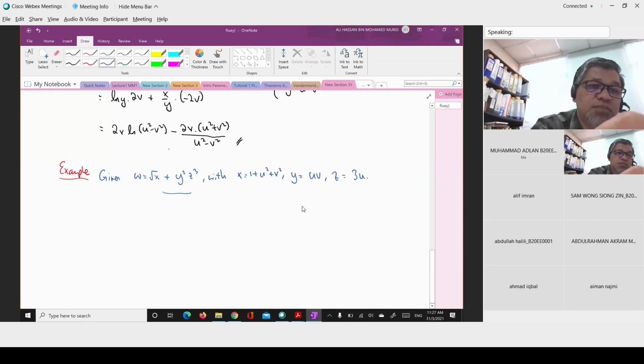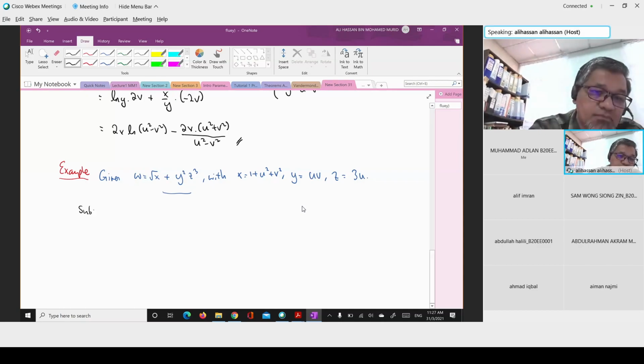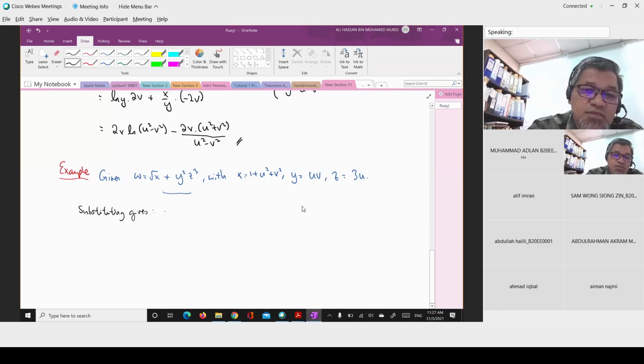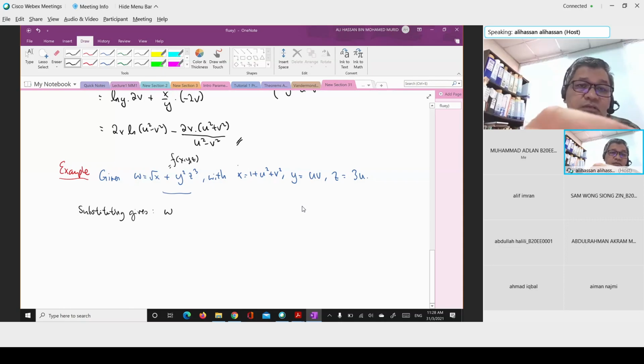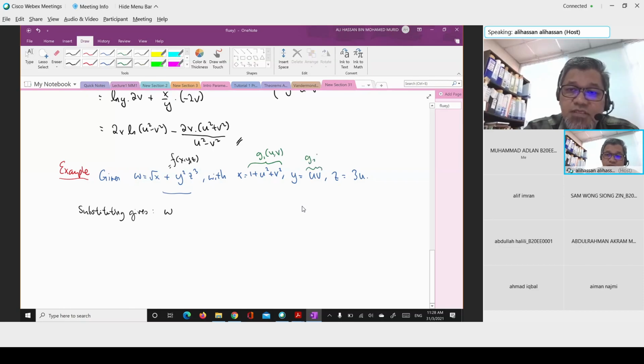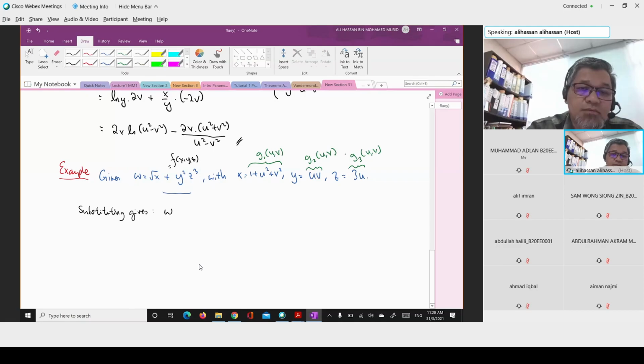So initially w is a function of x, y, and z here. We can think of using the notation used in the theory. You can think of uv as a function g2 of u and v, and you can think of 3u as a third function of u and v.